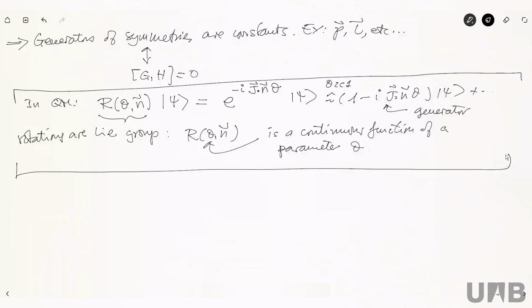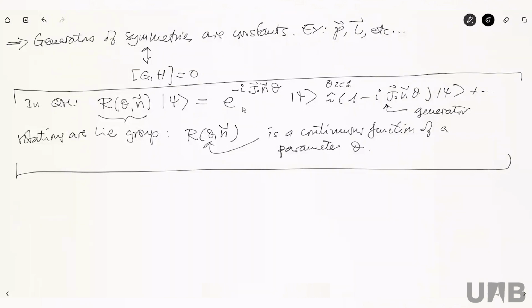So as you can see, for instance, time evolution is also the exponential of the Hamiltonian times time. And so the Hamiltonian is the generator of, in this case, time translations, right?